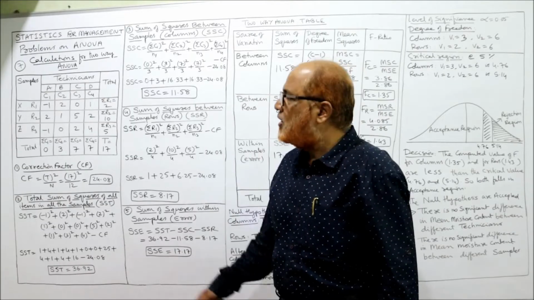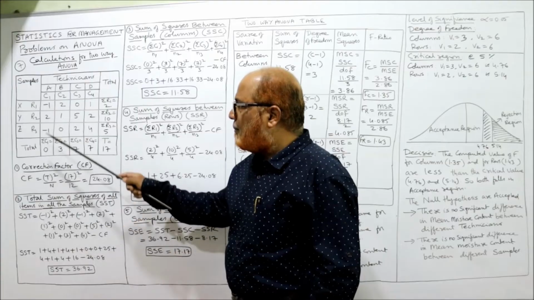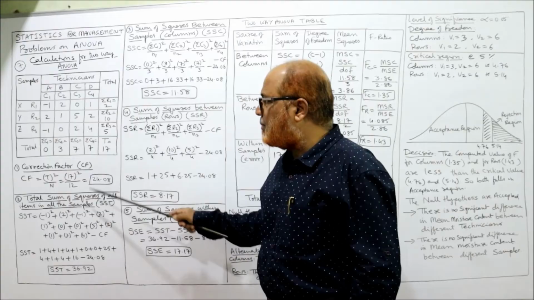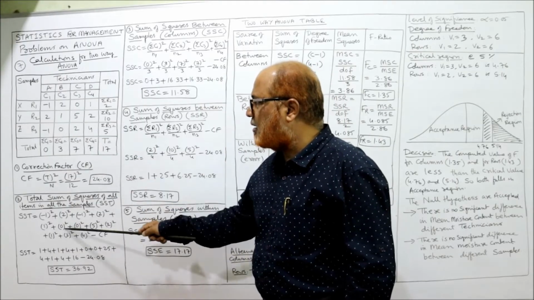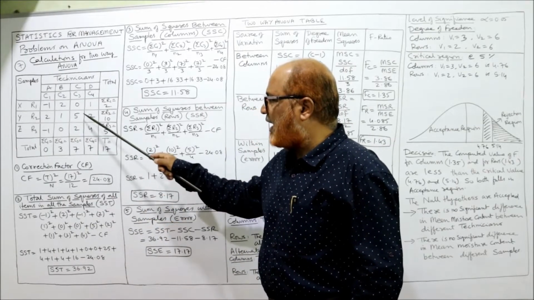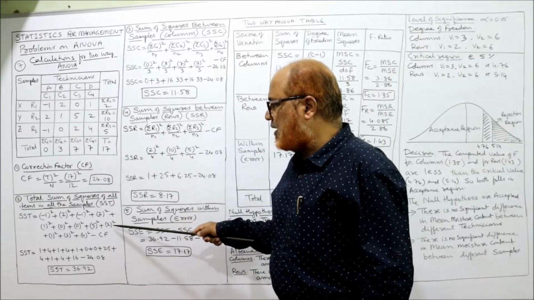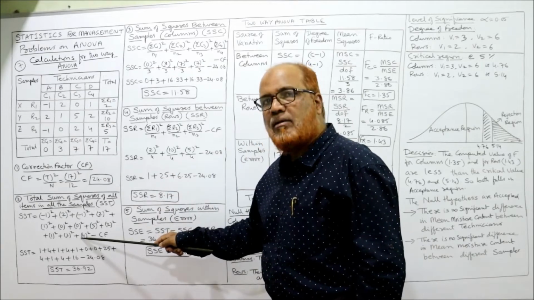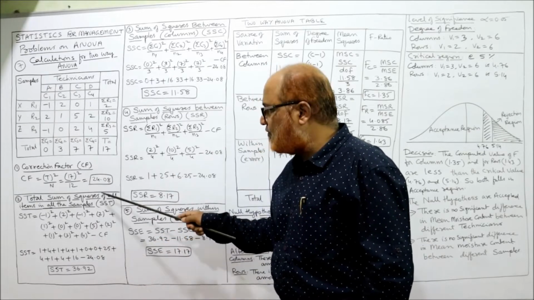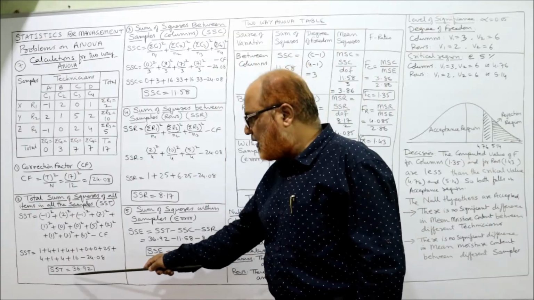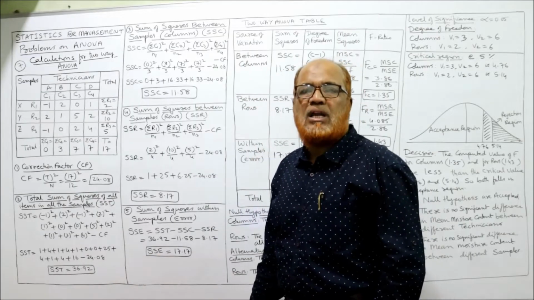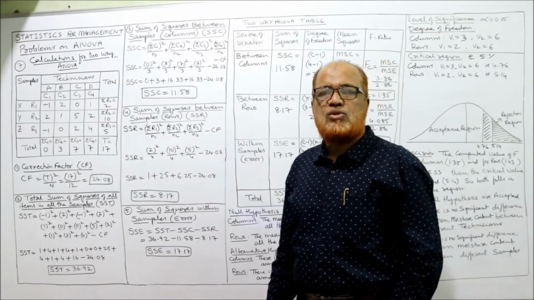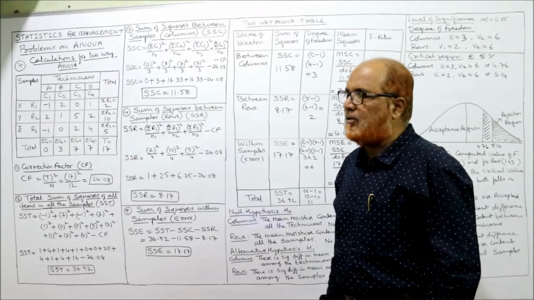So here, minus 1 square plus 2 square plus minus 1 square plus 2 square plus 1 square plus 0 square plus 0 square plus 5 square plus 2 square plus 1 square plus 2 square plus 4 square minus the correction factor. The correction factor is 24.08. So you will get the answer 36.92. This is the SST, the total sum of squares of all the sample values.